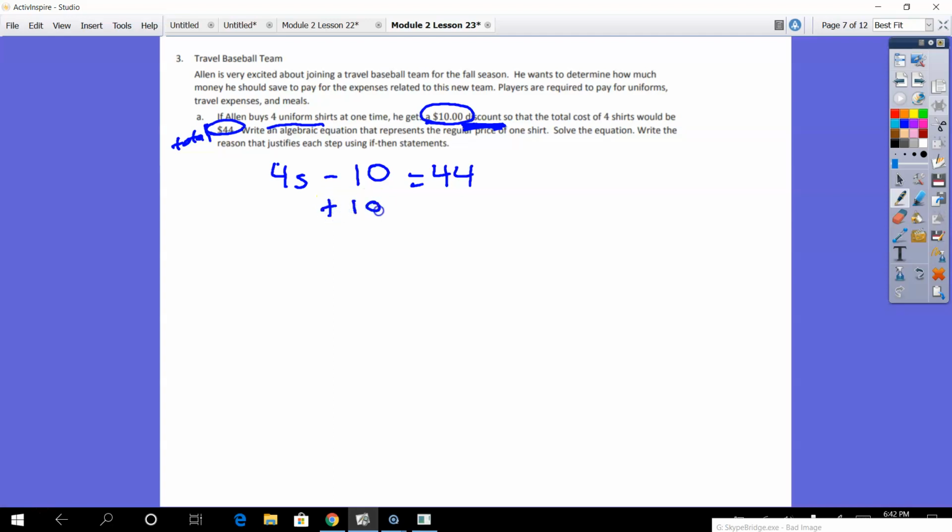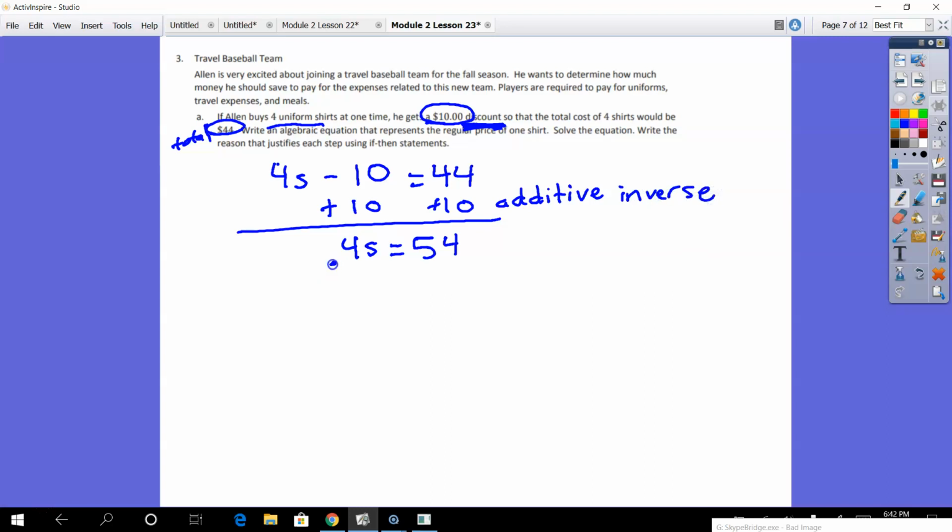So we are going to add 10 to both sides, leaving me with 4 shirts is equal to $54. So originally, they would be $54 without the amount taken off. And then we multiply by the reciprocal, which is the same thing as dividing by 4. So S is equal to 54 divided by 4. So 4 will go into 54.